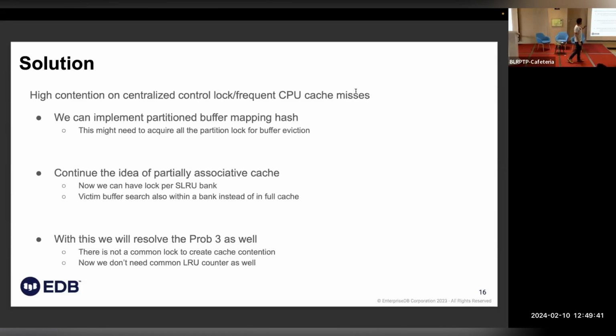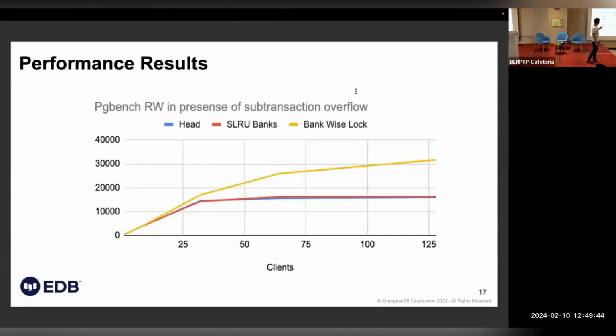So with that, let's look at the performance numbers. We repeated the same test with the subtransaction from the first slide, where we saw that with the subtransaction overflow, the performance dropped to half. After the first solution, just the SLRU banks where we divided the cache into different buffer banks, we gained slightly; you can see the red line just touching above the blue line.